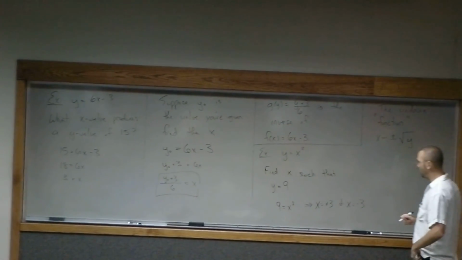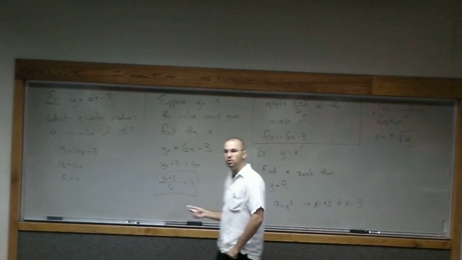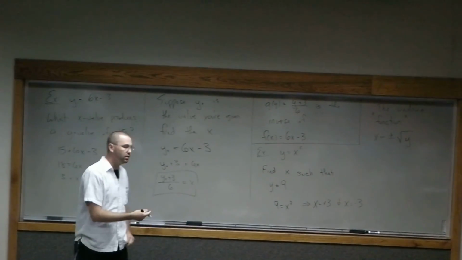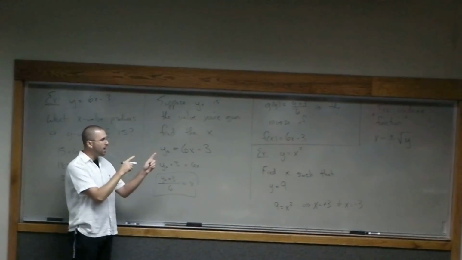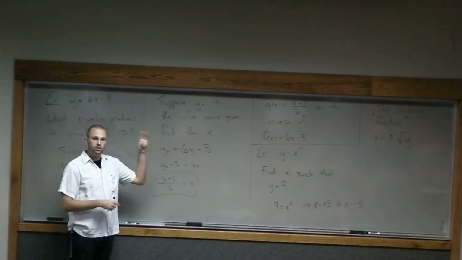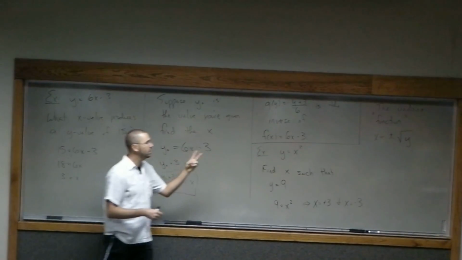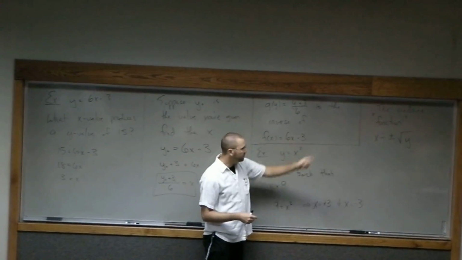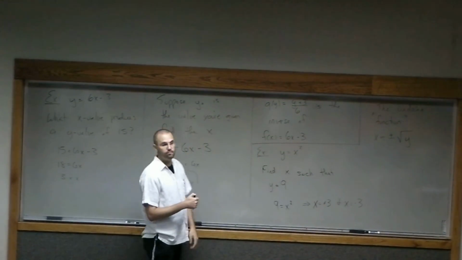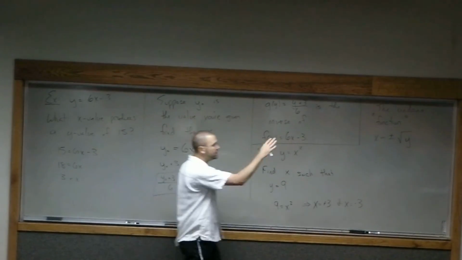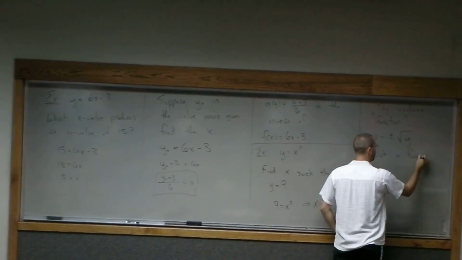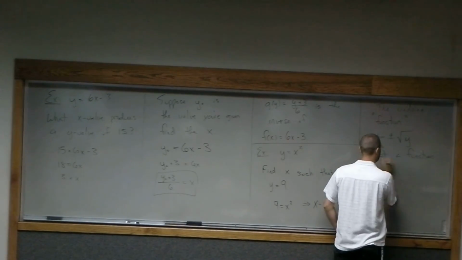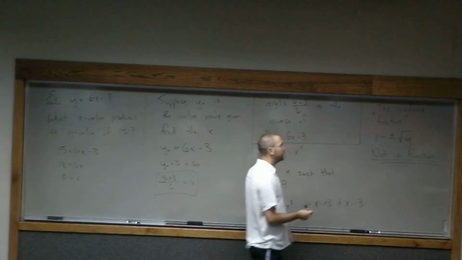All right? Well, is this thing a function? Why is it not a function? For any single y value that we put in here, we get two outputs. Right? Y equals 9 gives us plus and minus 3. So this is not a function.